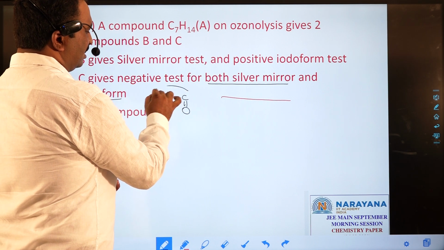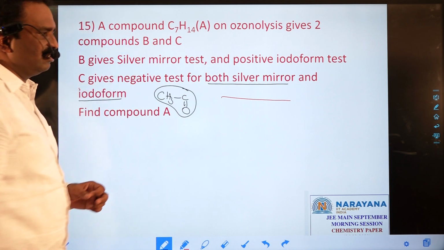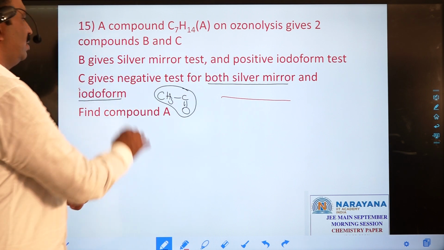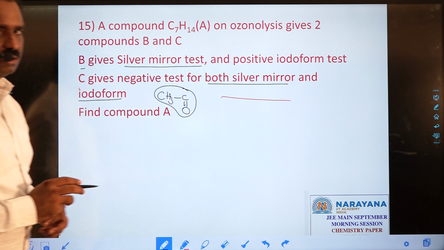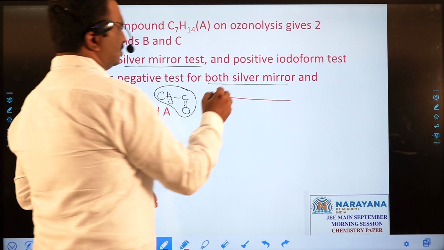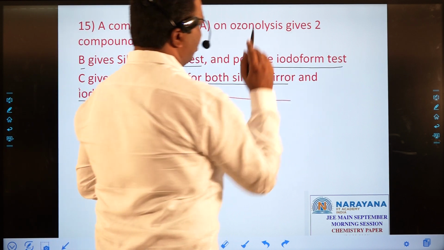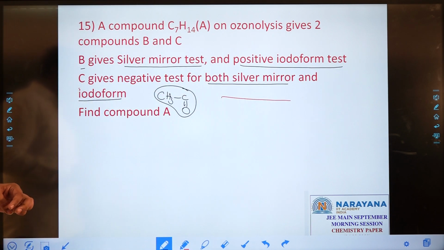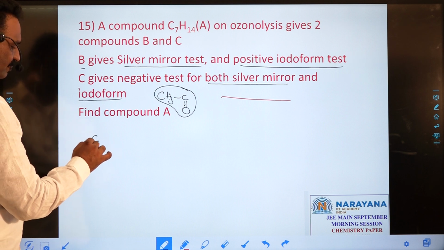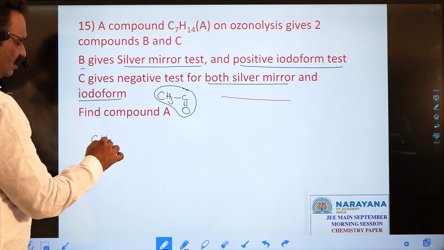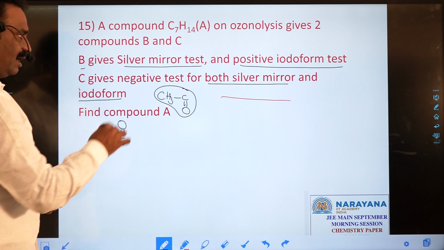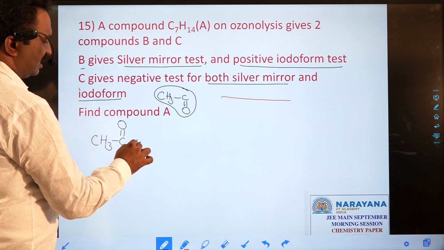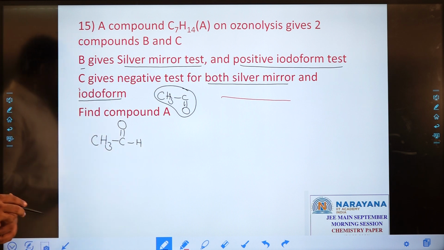CH3CO methyl ketone is absent for the C, but B has positive silver mirror test, means it has aldehyde group. Next, positive iodoform test means methyl ketone. Aldehyde with that CH3CO group and responding silver mirror, this is only the possible aldehyde.